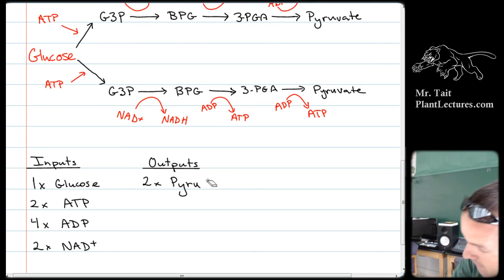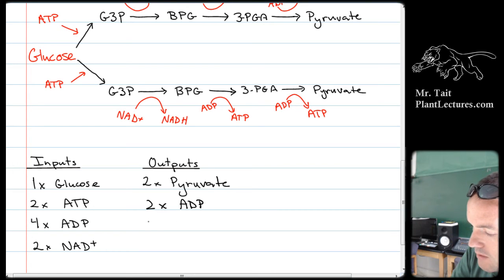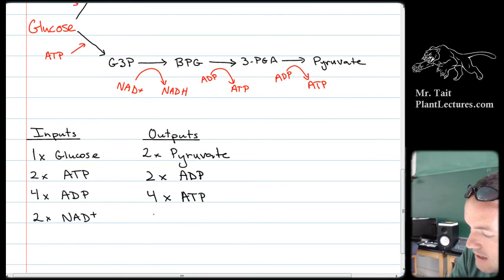We spent these two ATPs, and so those turned into ADPs. We turned these 4 ADPs into 4 ATPs. Right? And then our NAD pluses got turned into NADHs.